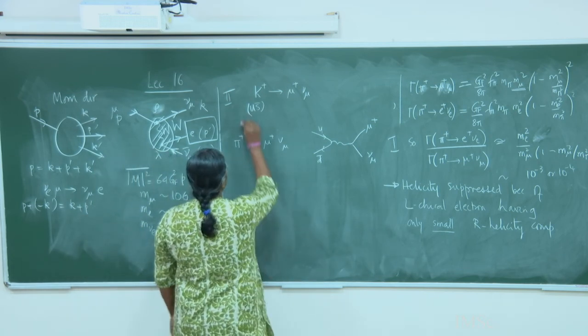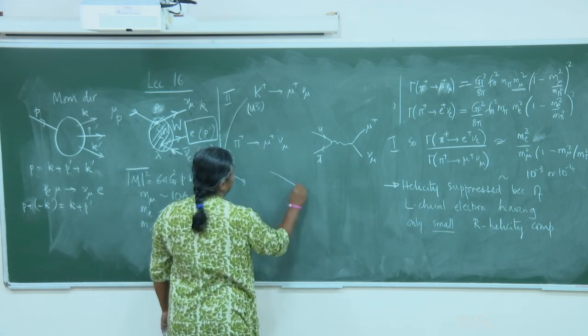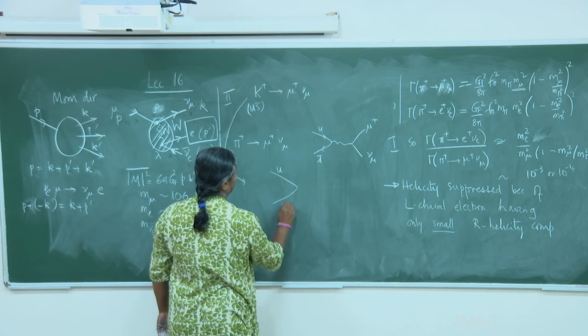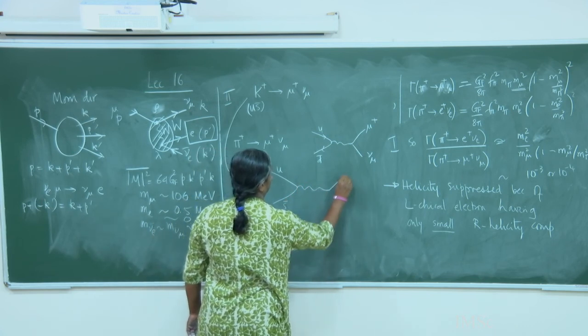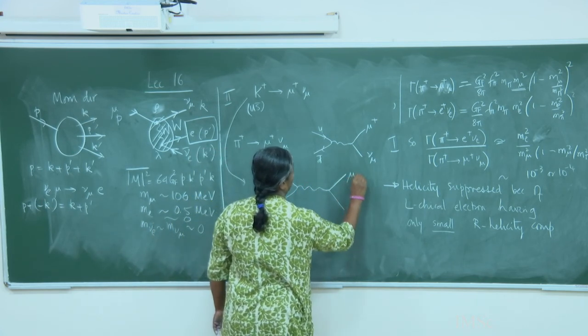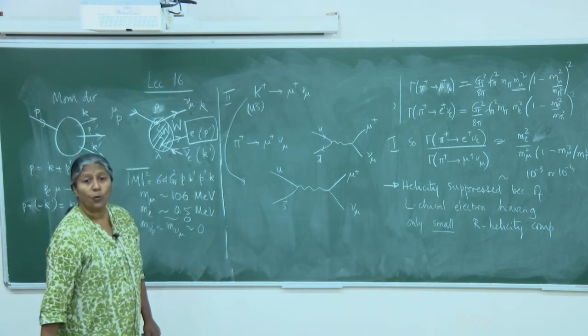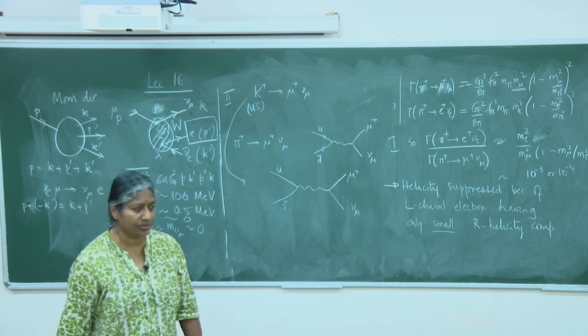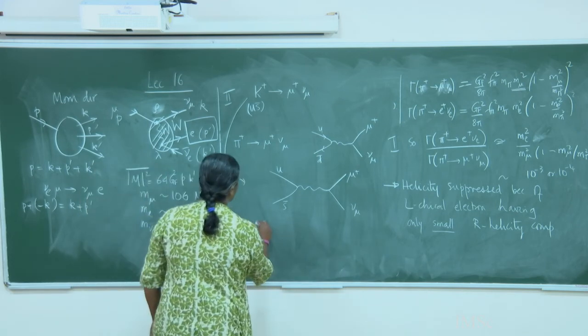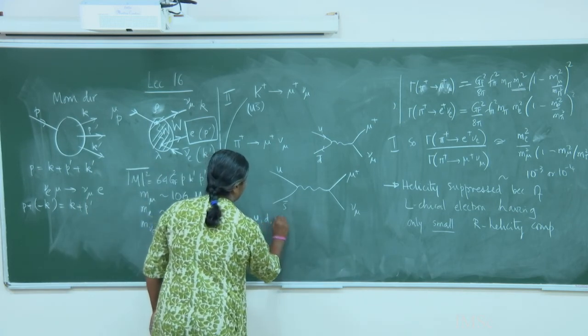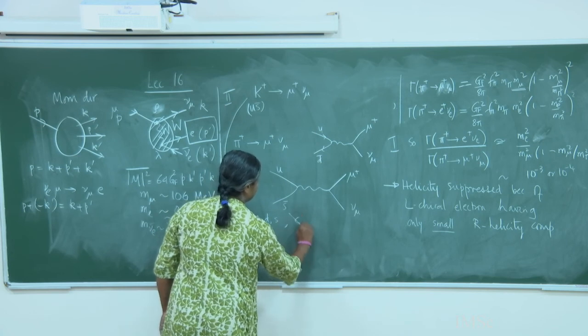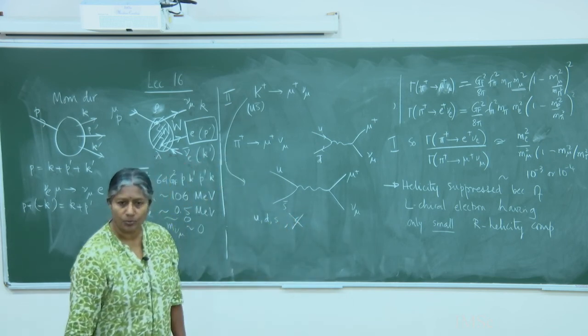So that means this process will mean that I have, now when this process was first understood or studied, they knew u, d and s, but they did not know of the existence of the charm quark.